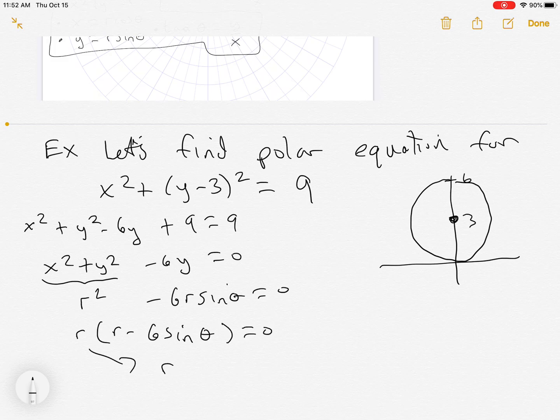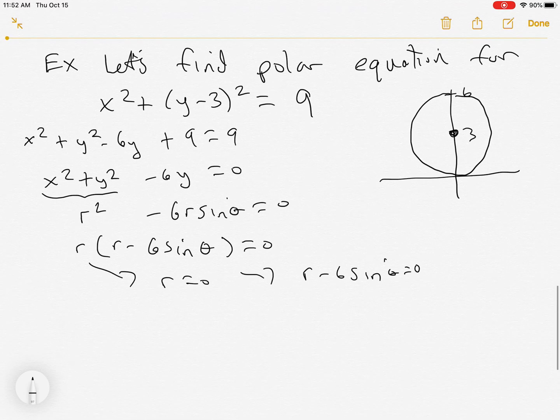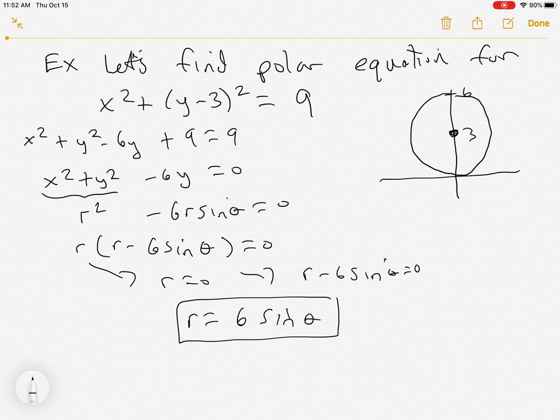So this says either r equals 0 or r minus 6 sine theta equals 0. And so solving this, you get r equals 6 sine theta. And if you have a graphing calculator, Desmos, and I think GeoGebra, they all handle polar coordinates as well. Okay, so that's a little intro to polar coordinates.